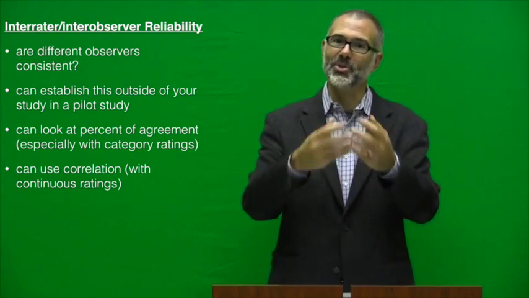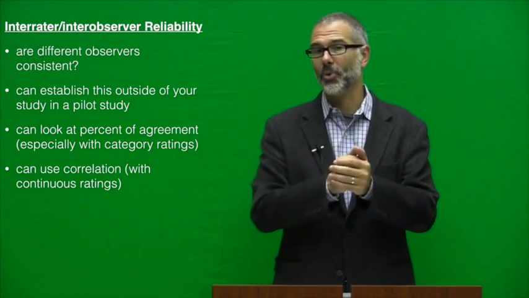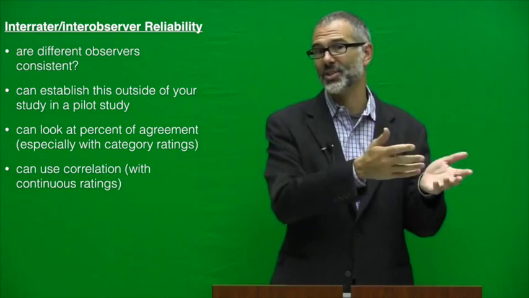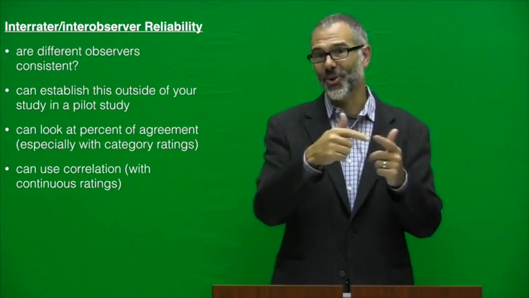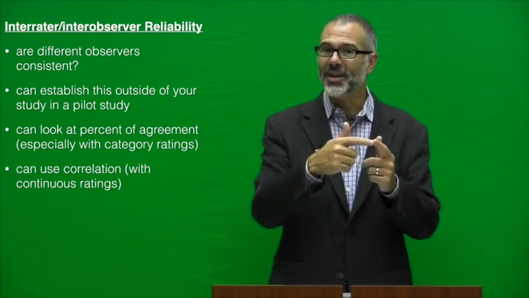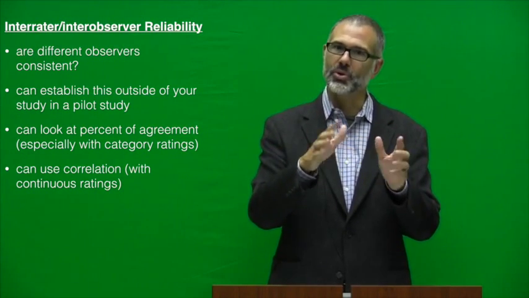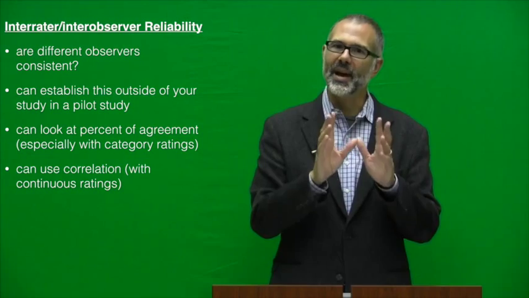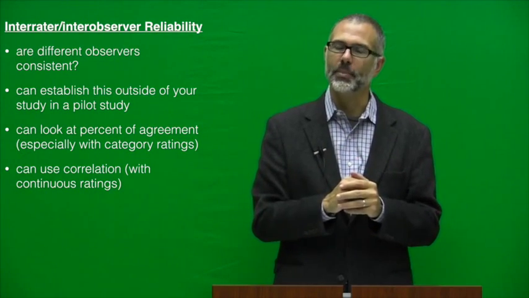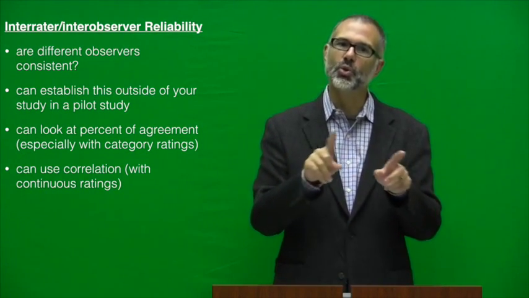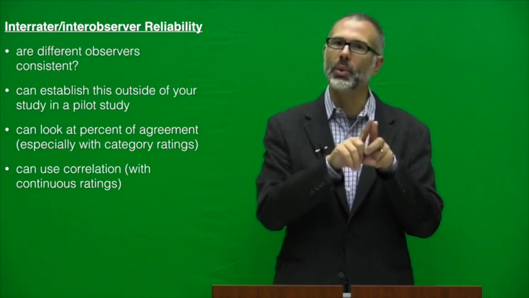If I'm observing somebody and I say, oh, that person has bipolar, and you observe that person, you say that person has schizoaffective disorder, that is a low correlation. If we both agree, if we have concurrence that that person has bipolar disorder using this instrument, then that would be evidence of high inter-rater reliability. So correlations between different observers are the tool we use to assess inter-rater reliability.